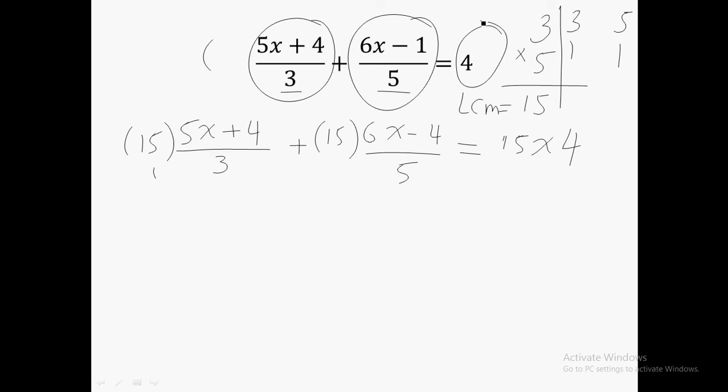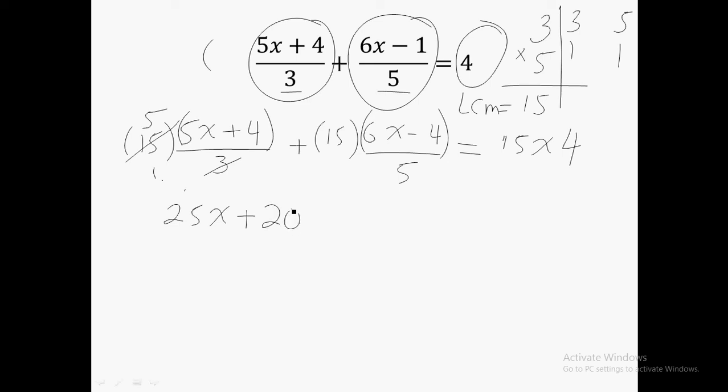So before multiplication, you can divide this 15 by 3, which is 5. And then 5 times 5x is 25x, plus, because we can multiply here both. And 5 times 4 is 20.